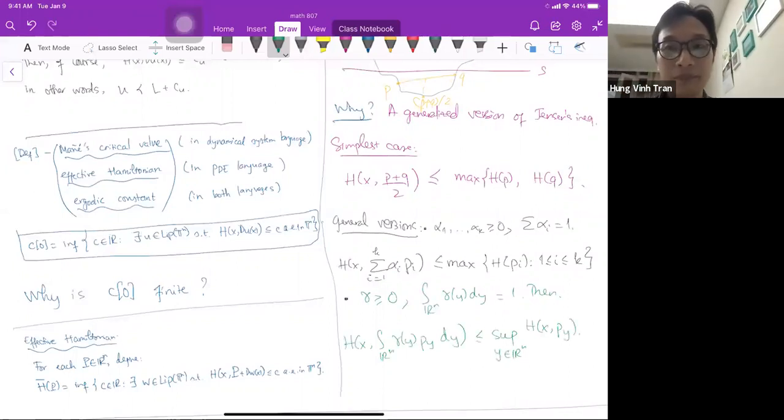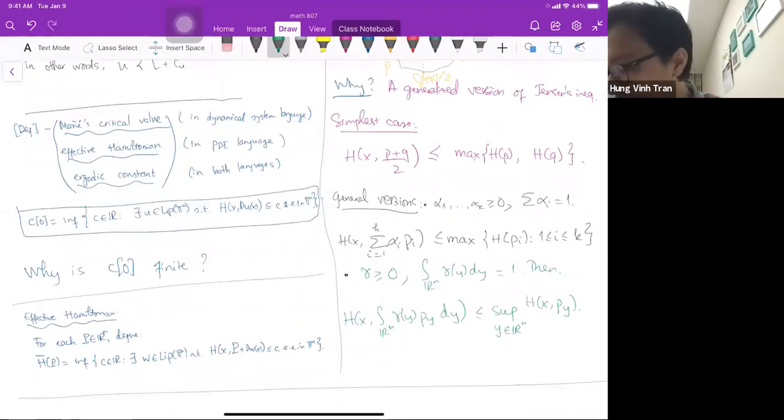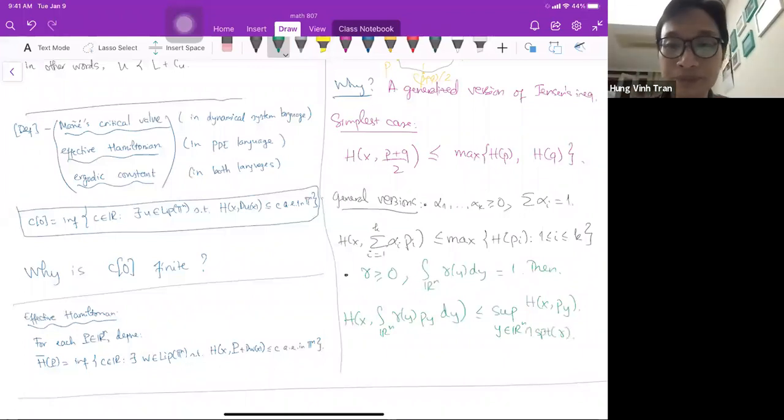Whatever that means. Again, hold on, I have to be careful here: y in R n intersected with the support of gamma. Okay, depending on the support of gamma.